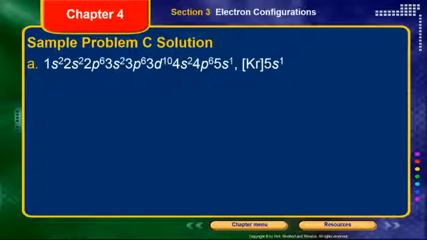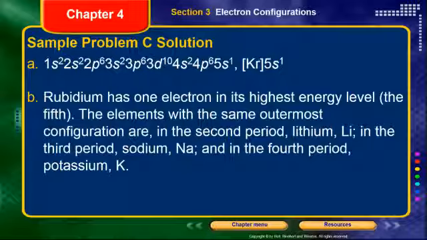Here's your complete electron configuration notation for rubidium and noble gas configuration for rubidium. That means that rubidium has 1 electron in its highest energy level. That's the 5th energy level. The elements with the same outermost configuration are, in the second period, lithium. In the third period, sodium. In the fourth period, potassium. Anything that has an S1 electron.